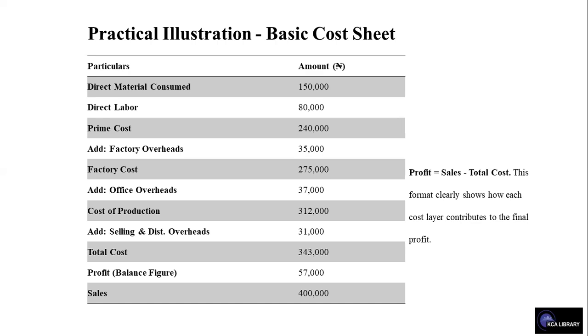After having the prime cost, we go forward to add the factory overhead, which results in the factory cost. When we add the office overhead, it leads to the cost of production, and then we add the selling and distribution overhead.